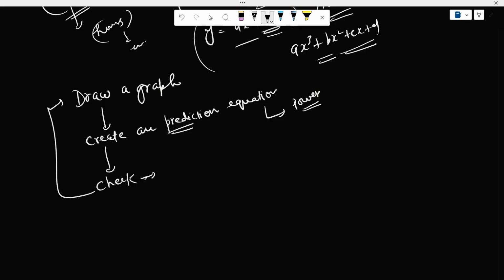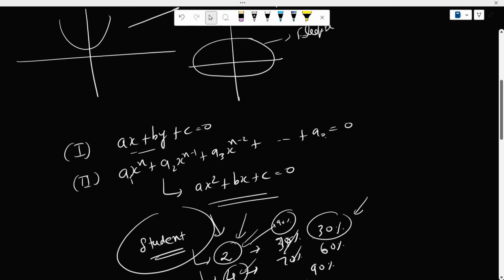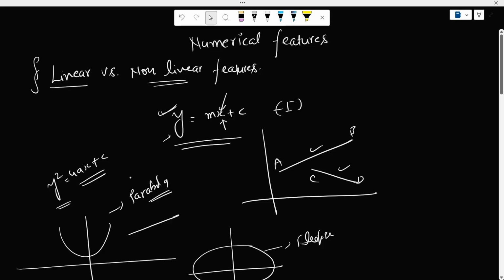So this is the basic understanding of linear versus non-linear, and why we perform linear and non-linear regression. Usually we try to find a curve based on the linear equation, in a linear fashion. But if the points are dispersed all around the plotted chart, then we will try to increase the degree of the polynomial.